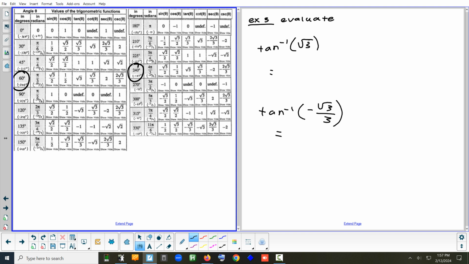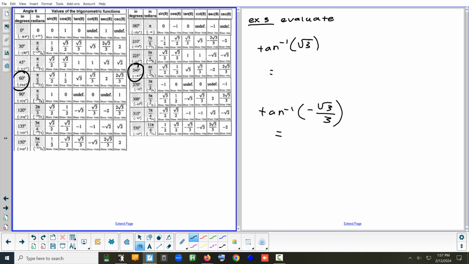Okay. Inverse tangent. What do we have to stay between? Negative 90 and 90. We can't include it. Right, negative 90 to 90, but it'll never equal it because that would be undefined. So what's our answer for inverse tangent square root 3? 60.